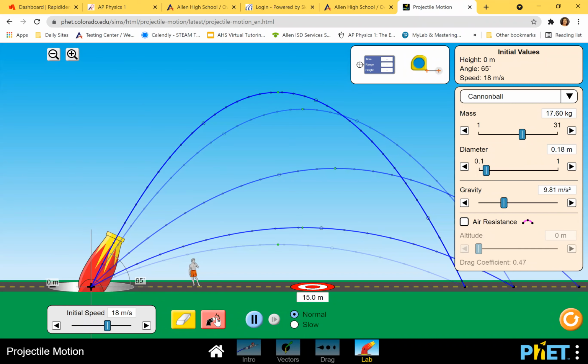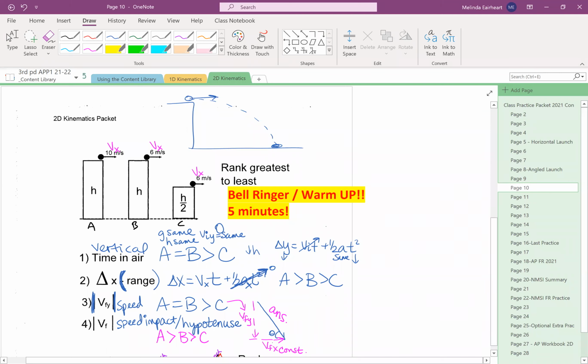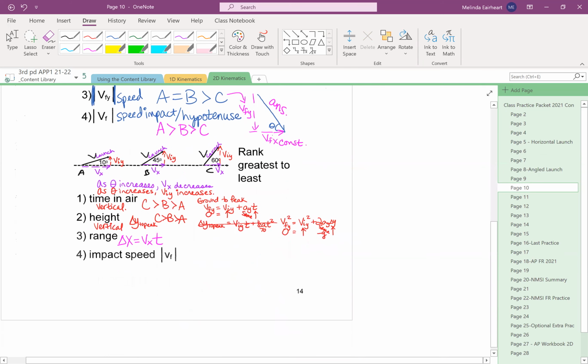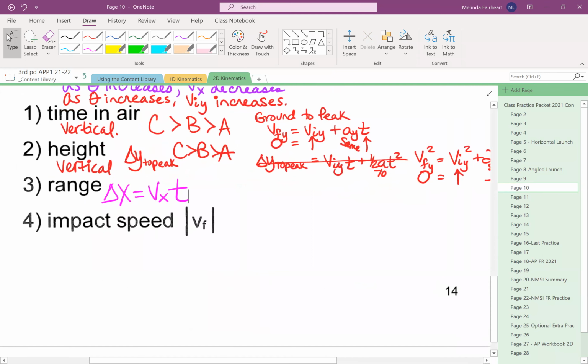But the greatest range is closer to 45. So the closer your angle gets to 45, the greater the range it has. And so, who has the greatest range? Oh, hold on. OneNote does not like it whenever I switch back and forth, I've discovered. There we go. So greatest range would be who?